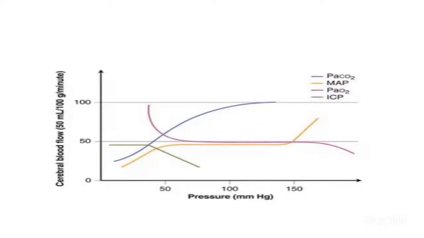Similarly, for PaO2, from around 50 or 80 up to 300, the result remains stable. For PaCO2, between around 20 and 80 millimeters of mercury there is not much change of cerebral blood flow, but below that there is a huge impact on cerebral blood flow changes.